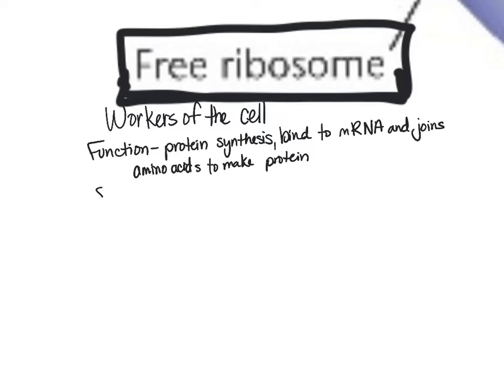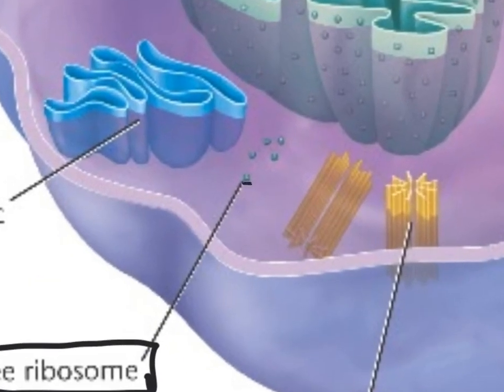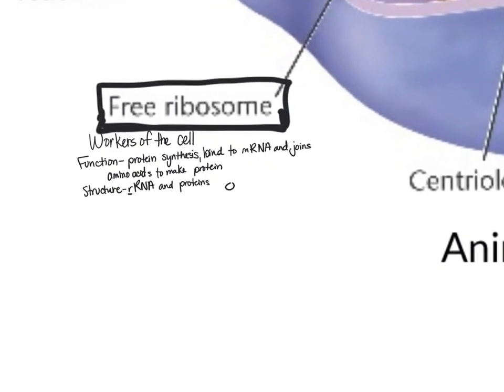So the structure of our ribosome is that it's made up of RNA. Remember when we looked at the 3 different types of RNA, one of them was ribosomal RNA. So it's made of ribosomal RNA and proteins. You can see in the illustration that it looks just like a little tiny dot, and that's because it really is just a lump of different proteins with our RNA in there.